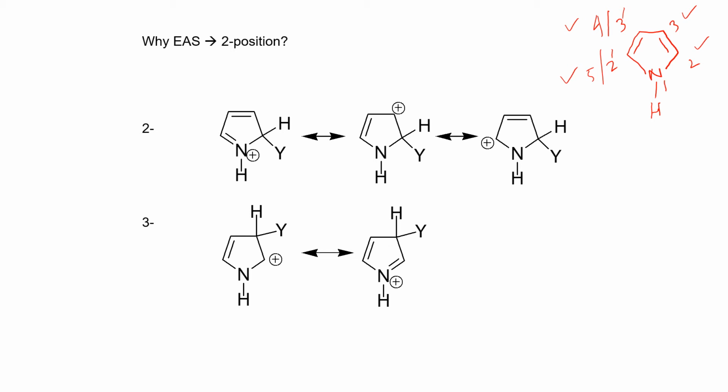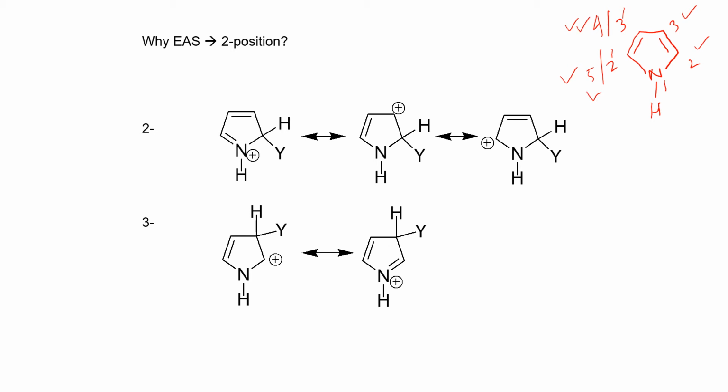So when an electrophile attacks, it can attack any of the 4 positions, that is 2, 3, 4 or 5, but we can see from the structure that actually the 2 position is symmetric with the 5 position and the 3 position is symmetric with the 4 position.